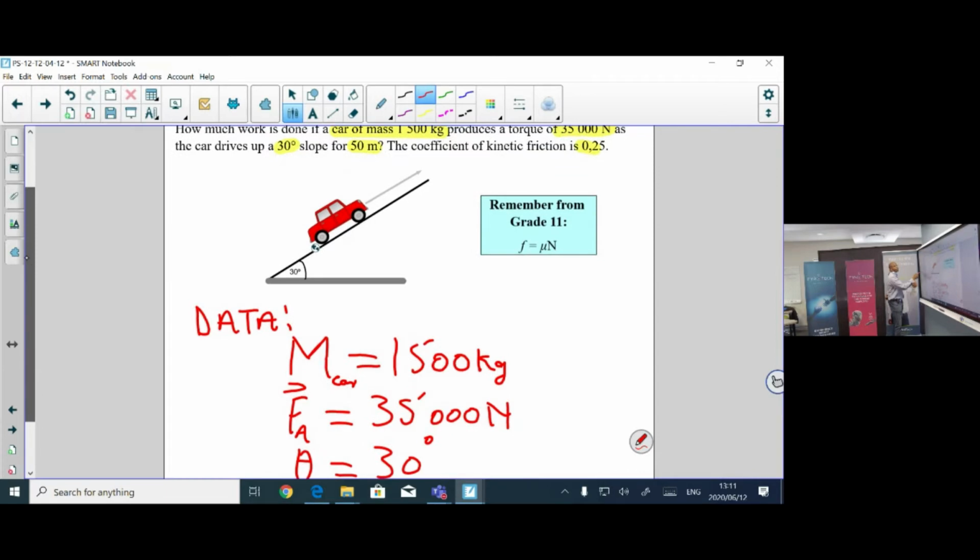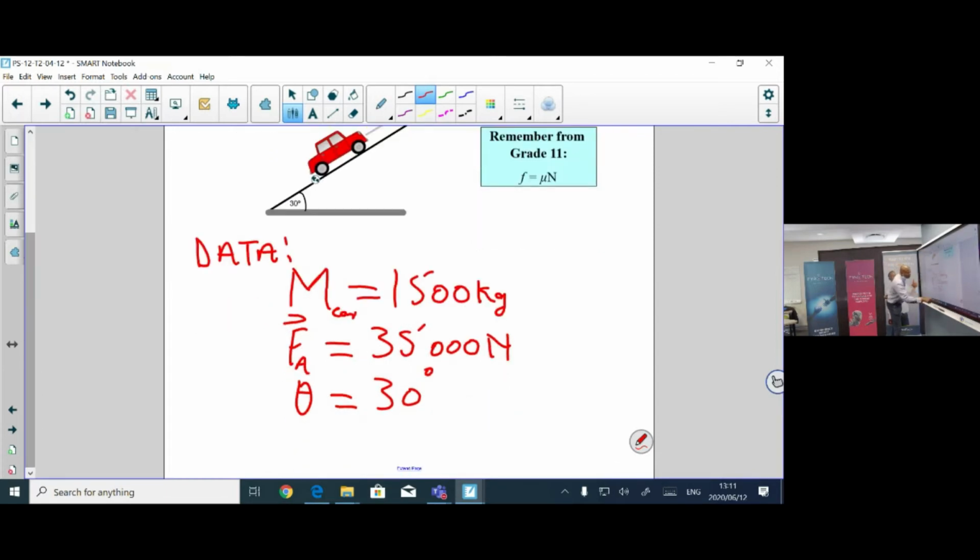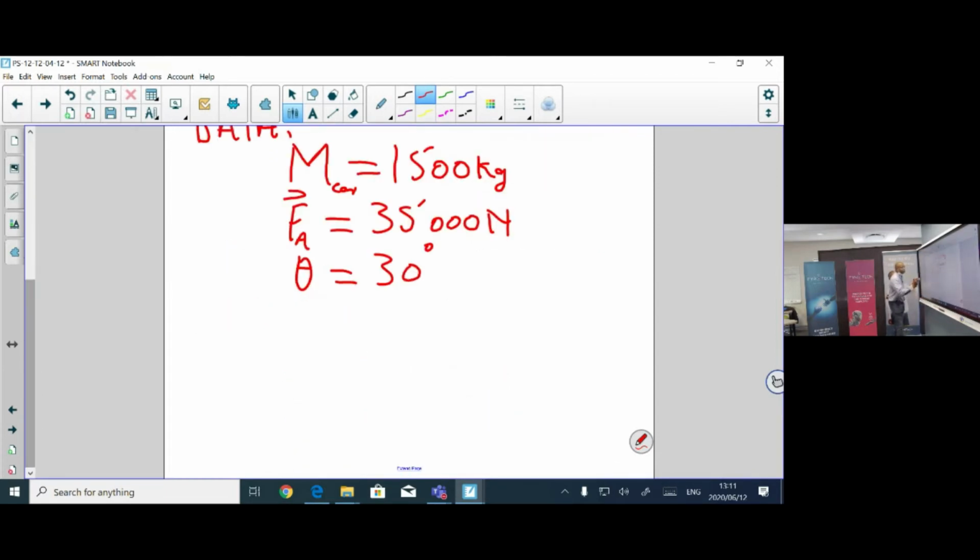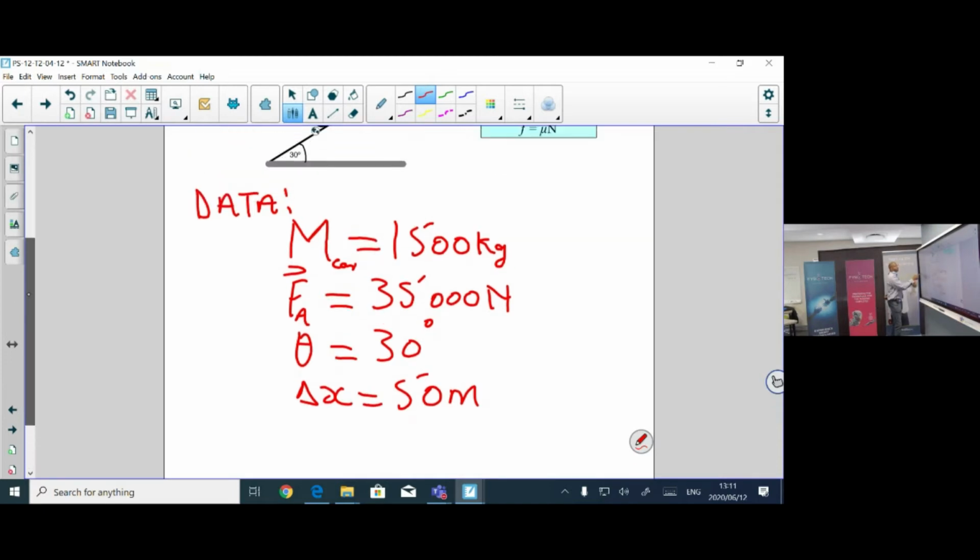We have been given displacement, change in x, which is equal to 50 meters. Okay, and what else?